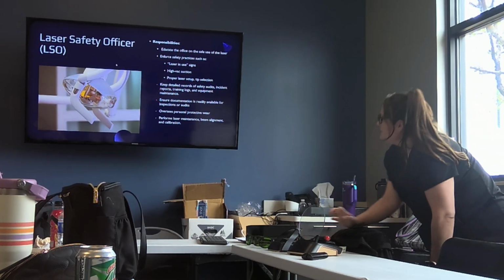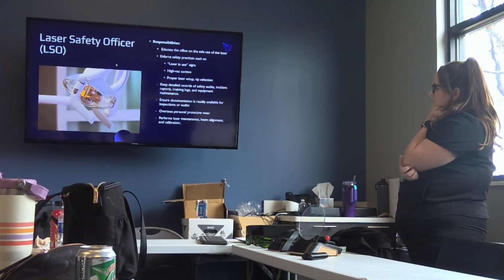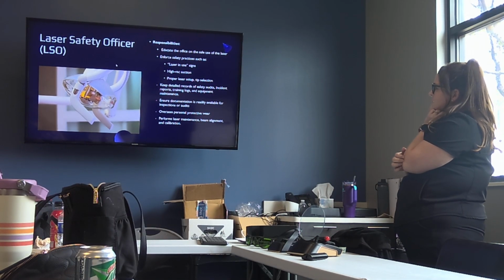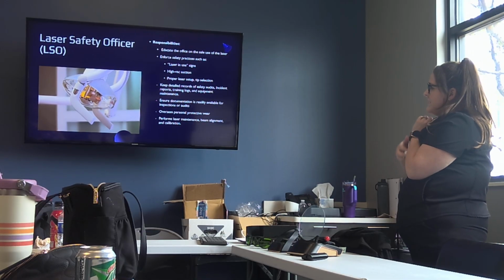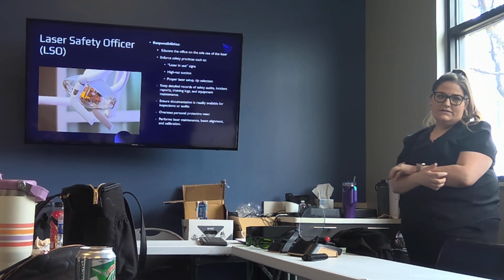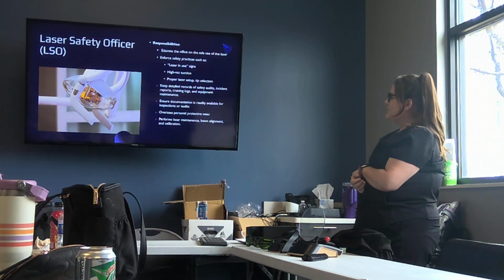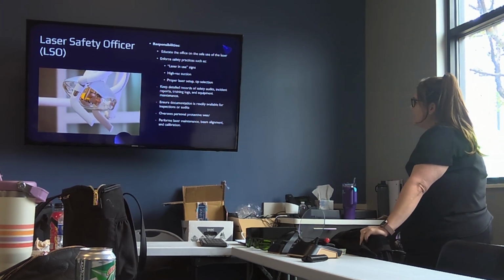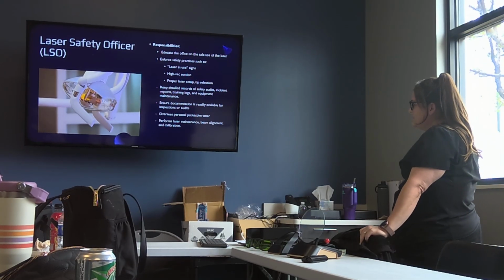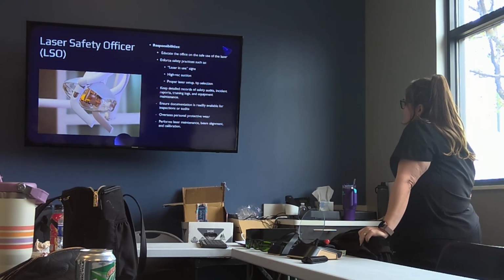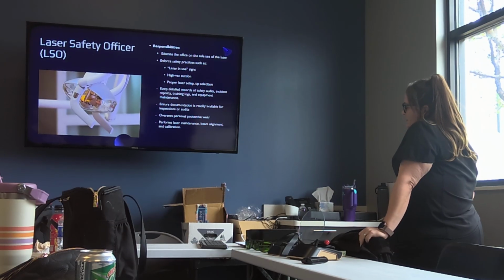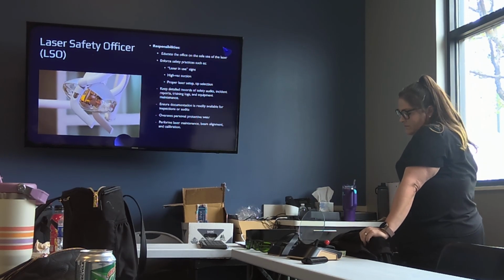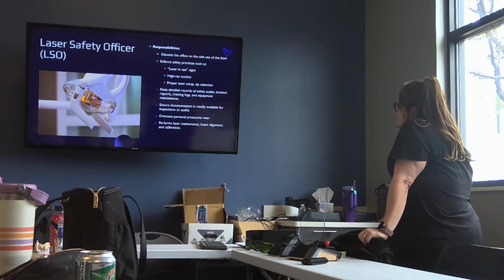So the laser safety officer's responsibilities are educating the office on the safe use of the laser. They enforce the safety practices, such as making sure that the laser in use sign is posted when the laser is in use. They make sure that the high vac suction is being properly used. And then of course, proper setup and tip selection based on the procedure that's being done.